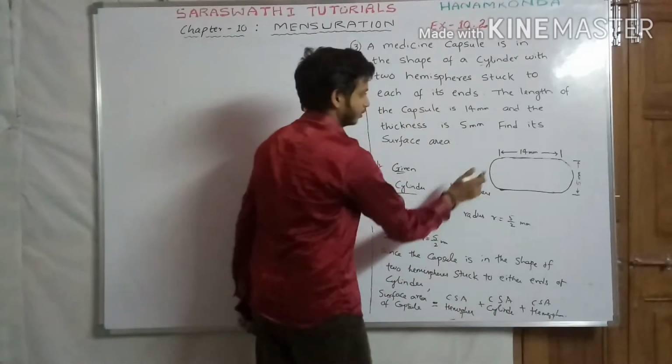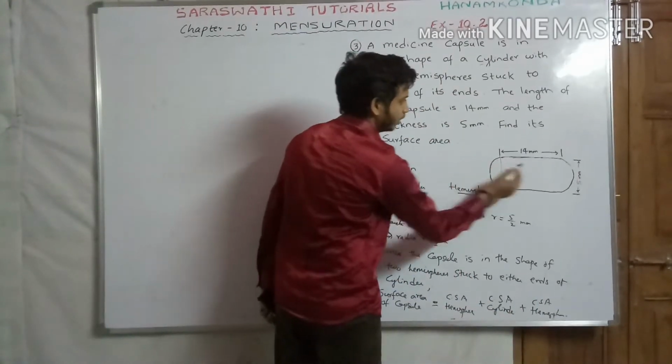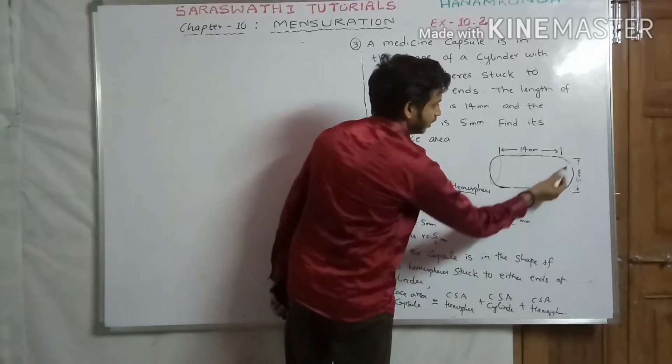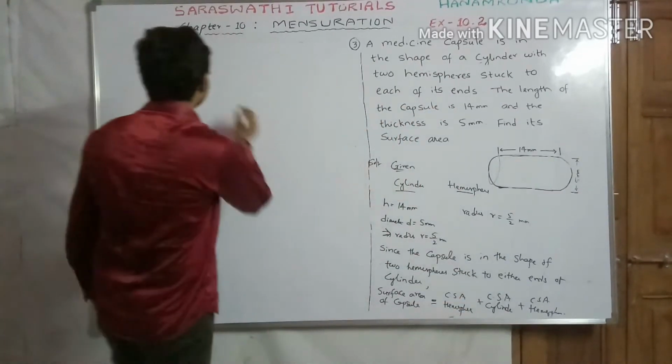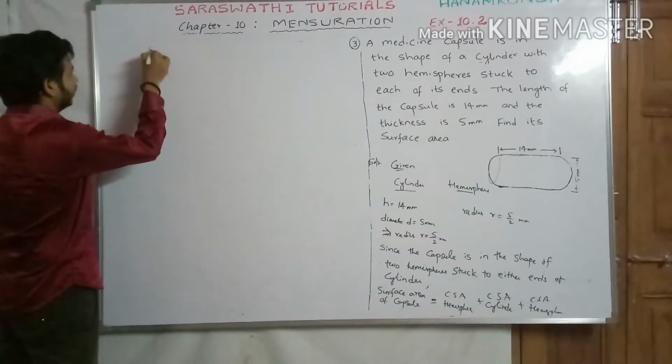Okay, so here curved surface area of the first hemisphere plus curved surface area of the cylinder and curved surface area of again the hemisphere.